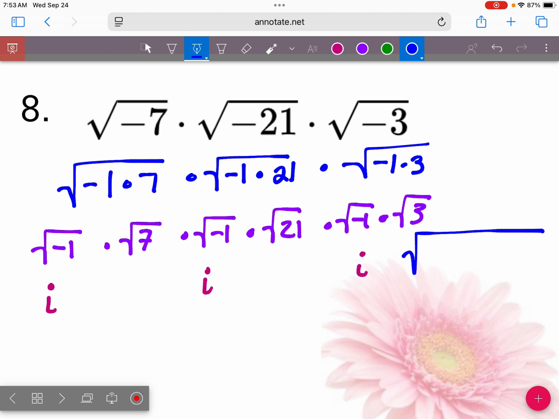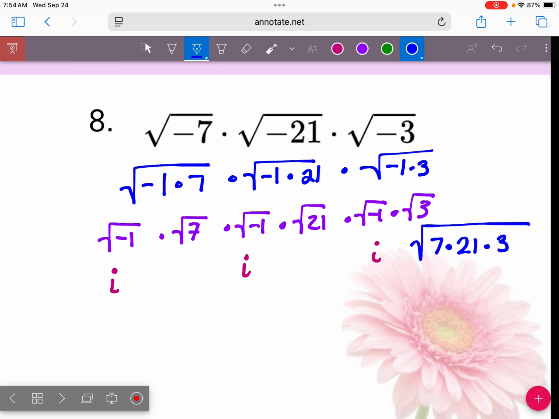All those leftover numbers are going to go inside the radical because they don't have any buddies right now: 7 times 21 times 3. And we have our i times i times i.